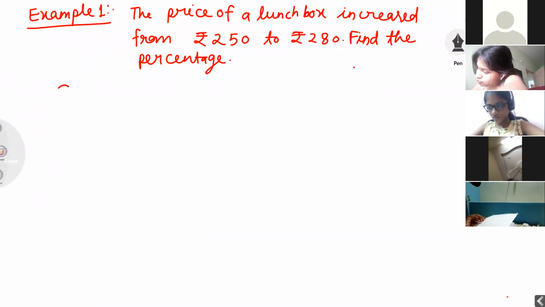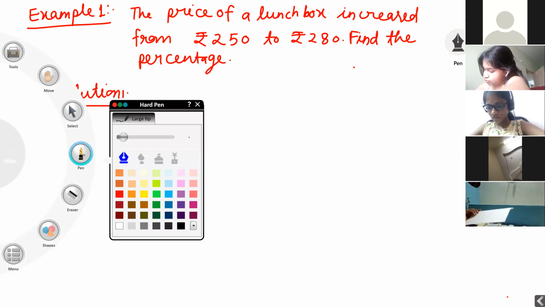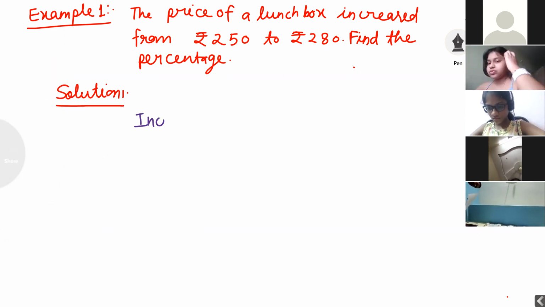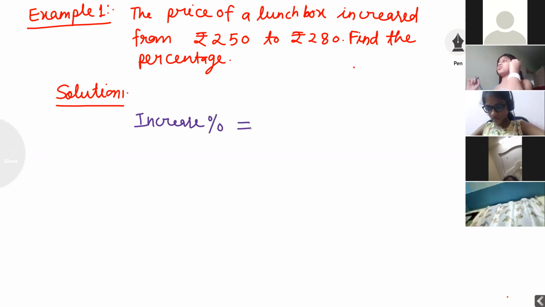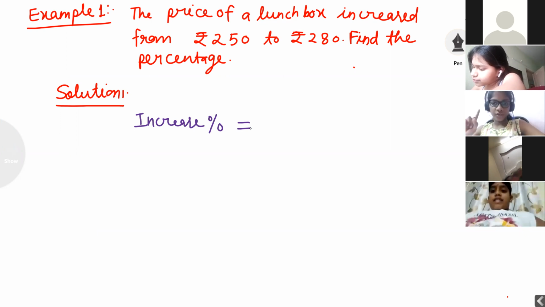Solution. Increase percentage is equal to... which formula can I apply, students?